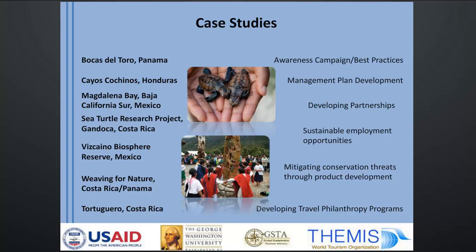But the lessons learned and the processes that they went through and describe within these case studies really do represent activities and opportunities that apply as easily to terrestrial ecosystems as they do to marine ecosystems. So here we have a number of the case studies listed that capture each of these strategies.